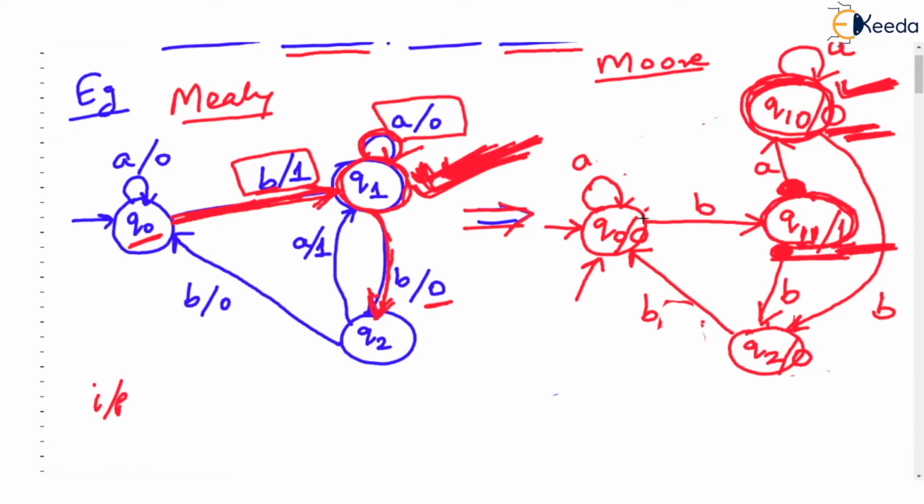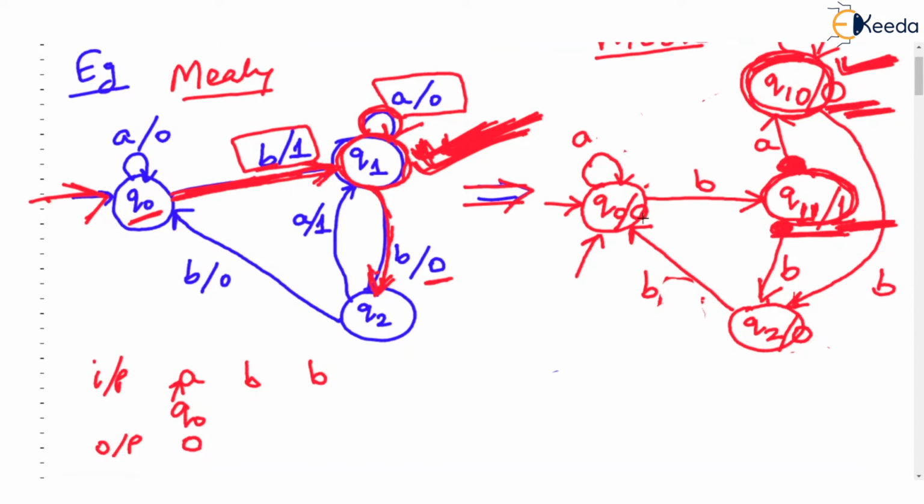Suppose the input is, let's say, A double B. Now you know the machine starts in Q0. When this Mealy machine starts in Q0, it has nothing to output. But when Q0 reads A, it outputs 0. I hope you are understanding. So this is the output column. But then where does the machine go after reading A?